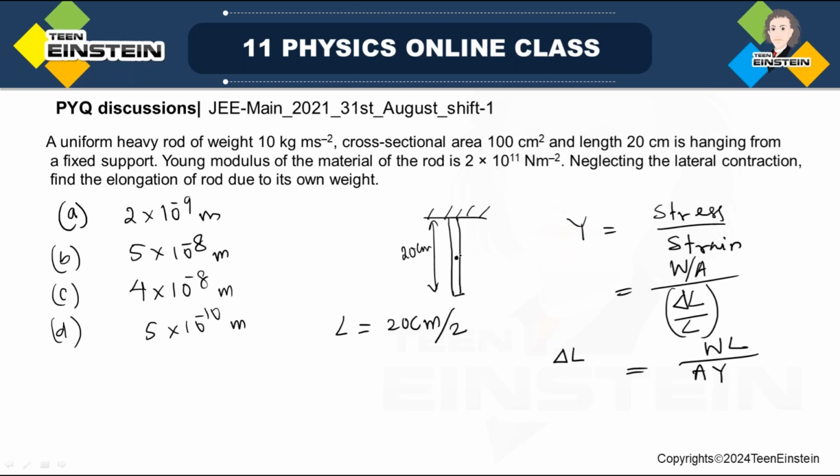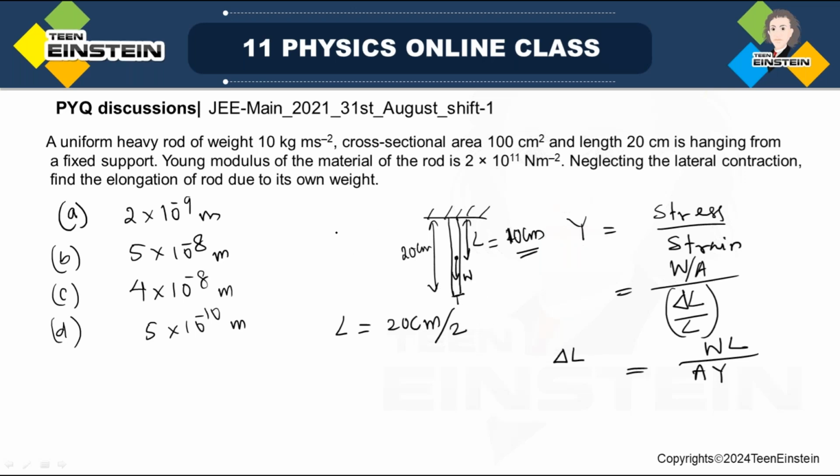Since it is a uniform rod, the weight will be acting from the center of mass, or center of gravity, not from this end. So that's why this length we have to consider as the original length, that is L. L is then 10 centimeter. So this is the important point you have to remember.